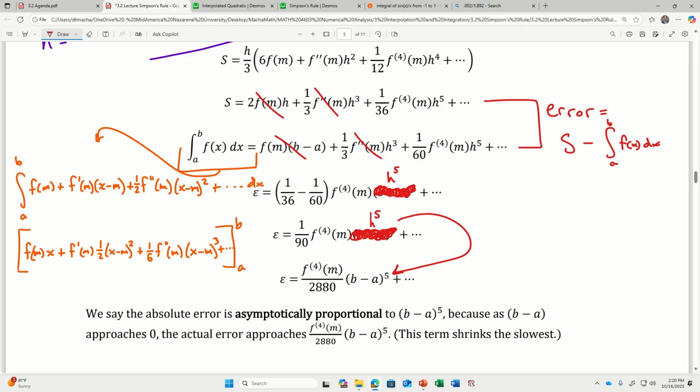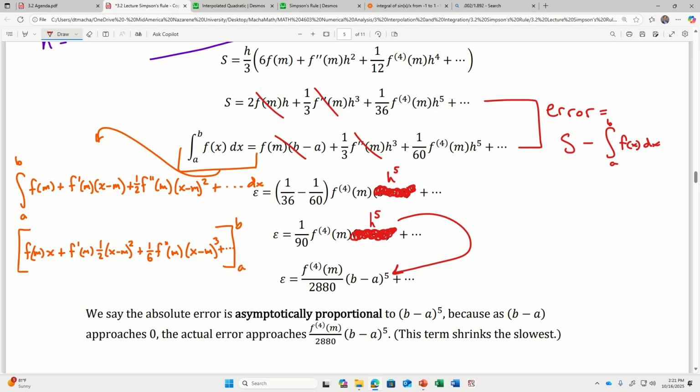So the error in my Simpson's rule approximation is asymptotically proportional to the fourth derivative of your function at the midpoint divided by 2,880 times the width of your interval to the 5th power.